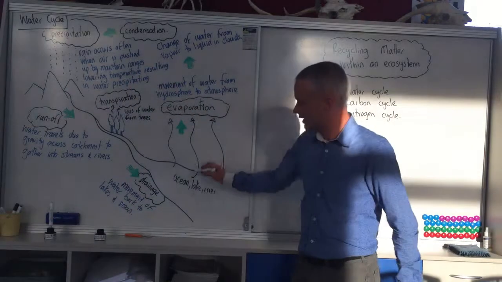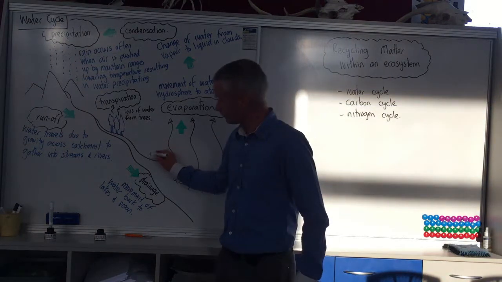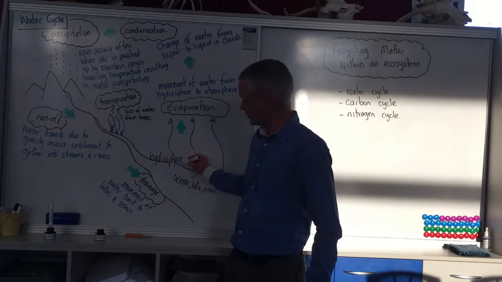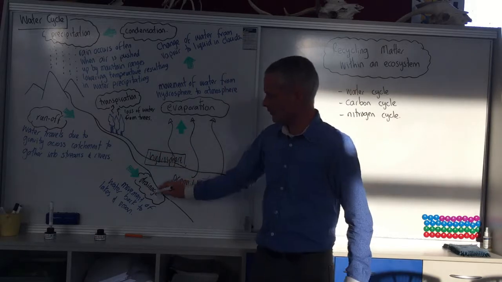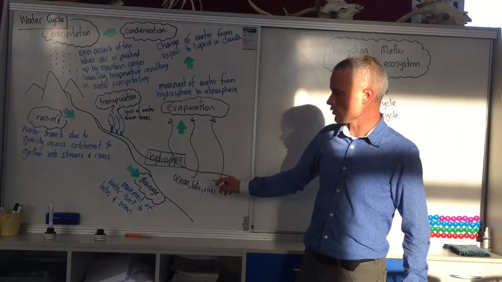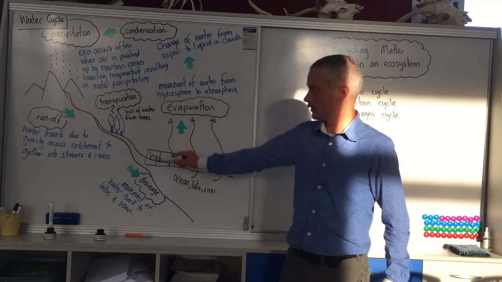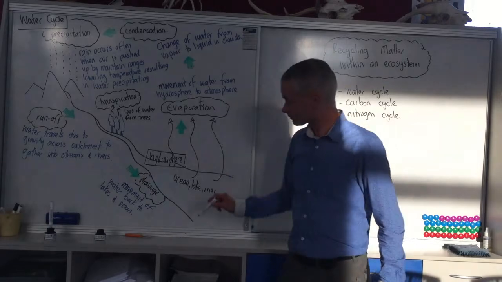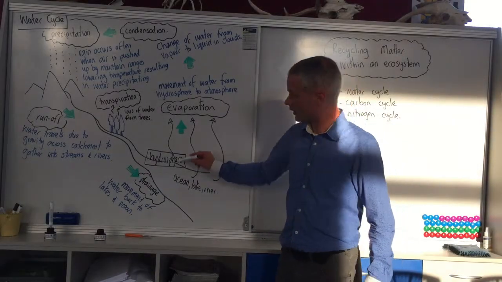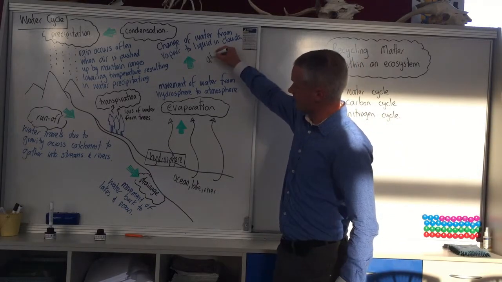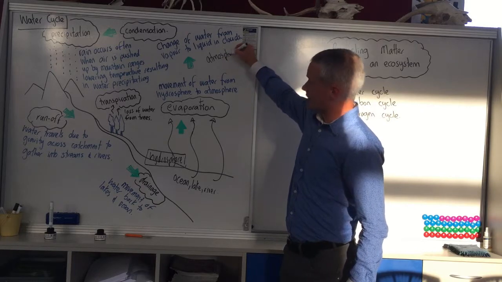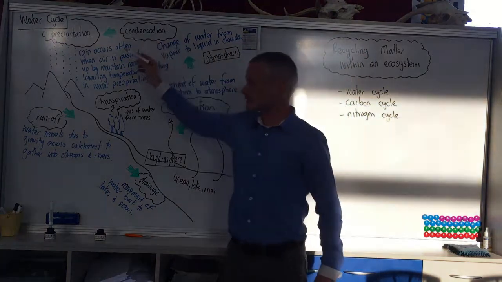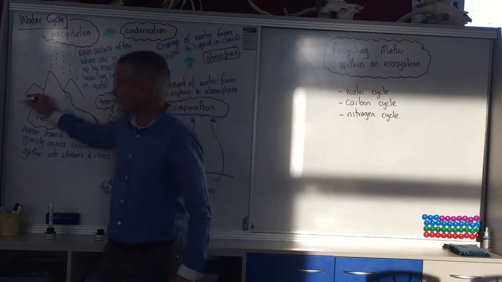So we've got the hydrosphere, which is the lakes and rivers and the ocean. So the water's moving through that hydrosphere. It also includes the groundwater, and it's moving from the hydrosphere into the atmosphere as it evaporates, and then as it rains it can enter into the lithosphere.